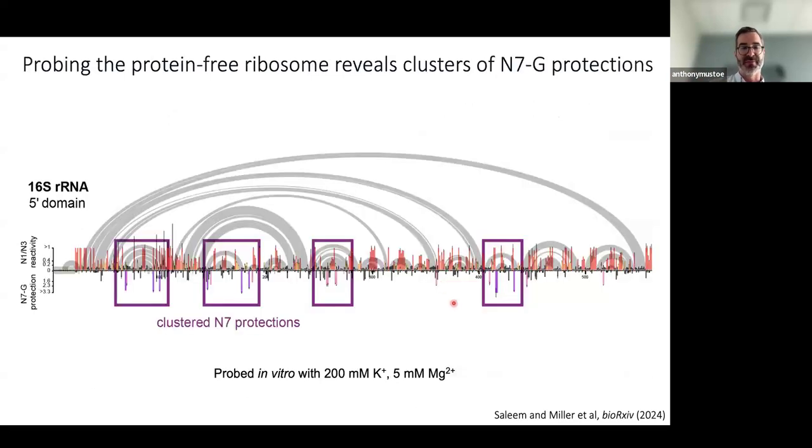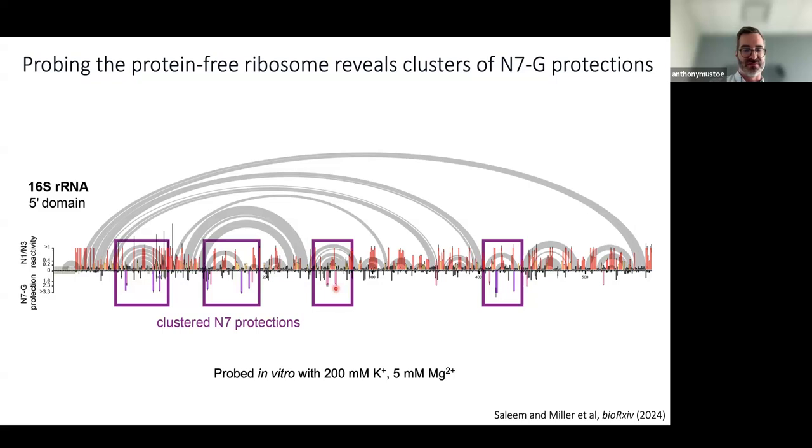So we did this experiment. We probed the E. coli ribosome in the presence of 200 millimolar potassium, 5 millimolar magnesium. These are conditions where we would expect that if there are going to be any independent tertiary structures, they would form. And indeed, what we see is that throughout the molecule, there are clusters of N7 protections.